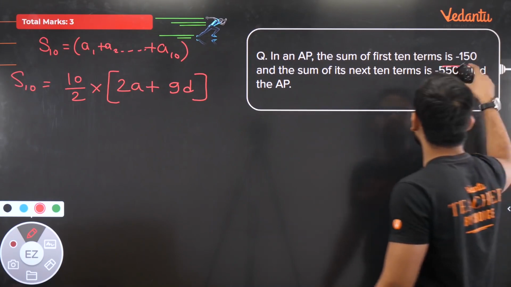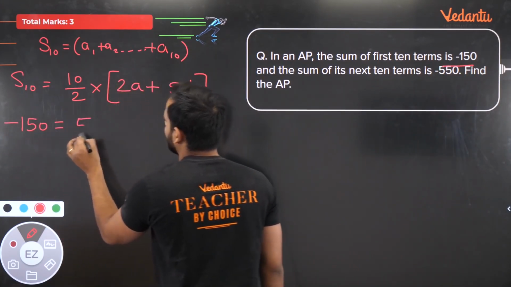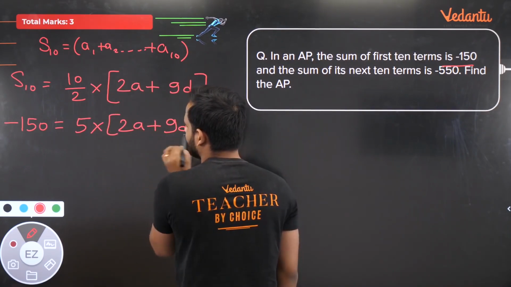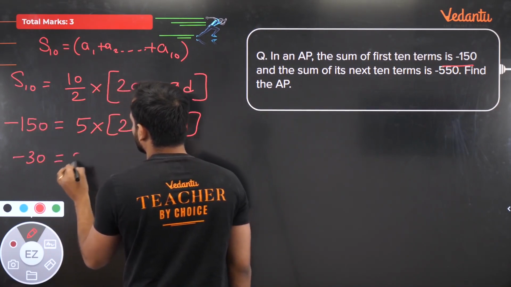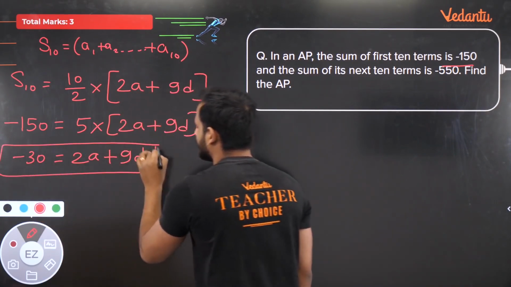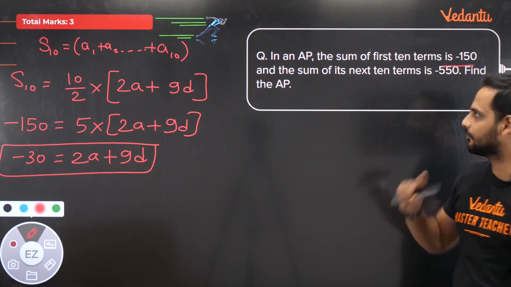Sum of 10 terms is given as minus 150. So I can say minus 150 is equal to 10 by 2, that is 5 times 2a plus 9d. Shift 5 there in division. So you will get minus 30 is equal to 2a plus 9d. Now you can see this is a linear equation in two variables where my variables are a and d. Let's come to the next part.